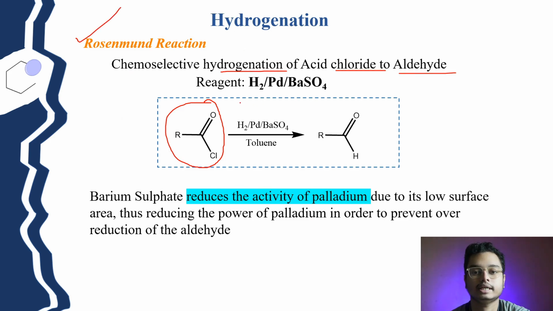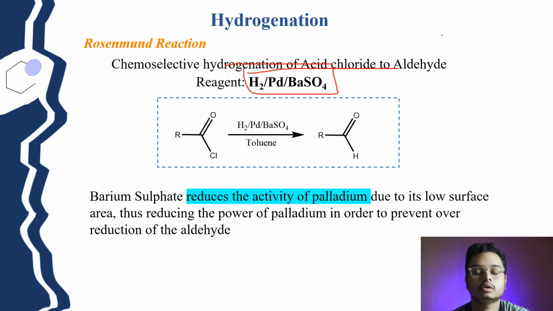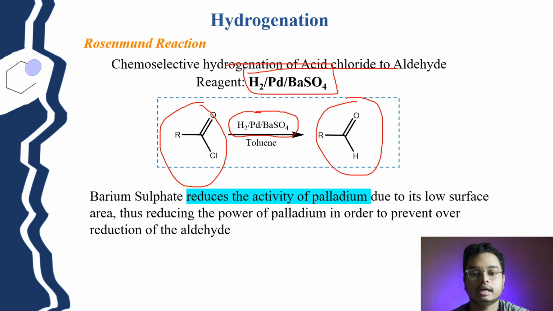So what should be the reagent? The reagent is hydrogen, palladium, and BaSO4. The reaction is very simple: this is our acid chloride, and in presence of hydrogen, palladium, BaSO4, we get the aldehyde.